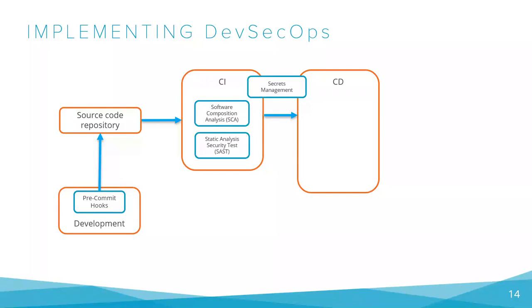SAST is a common and powerful method that should be used by all organizations due to the vast number of tools available and their ability to detect basic vulnerabilities in the code base. A SAST tool should be configured to run just after the build step. After the scan is complete, the SAST tool can publish the results directly to the build console and prevent the pipeline from moving forward if standards aren't met.